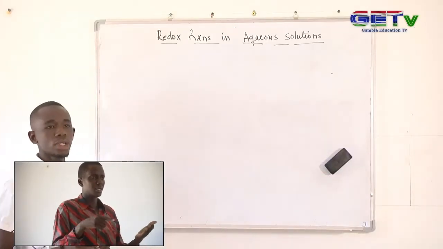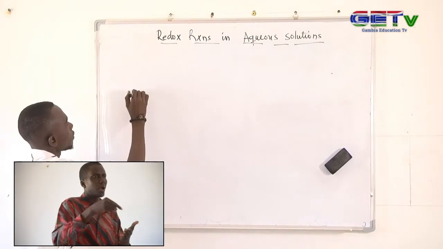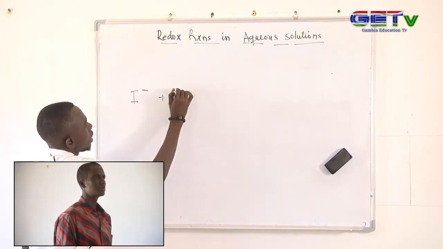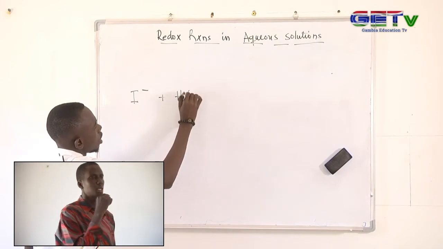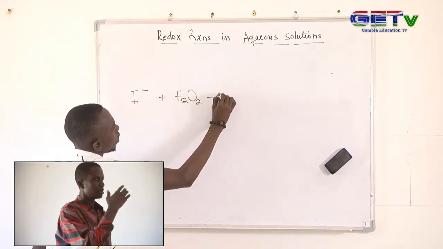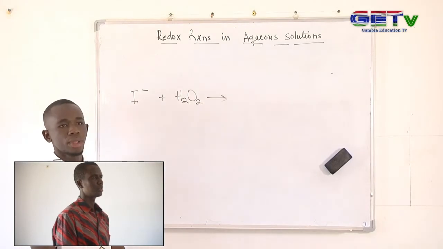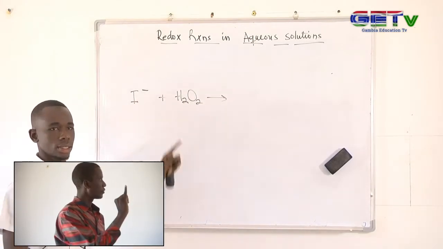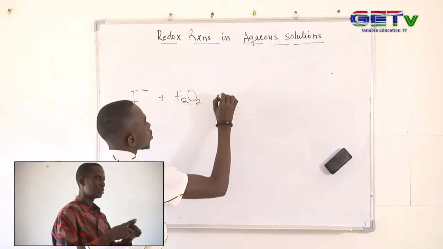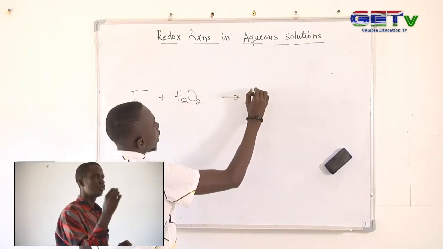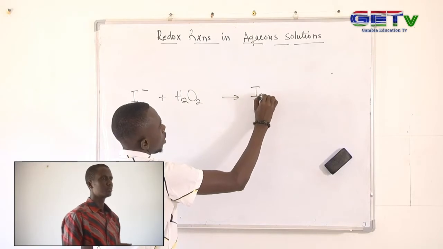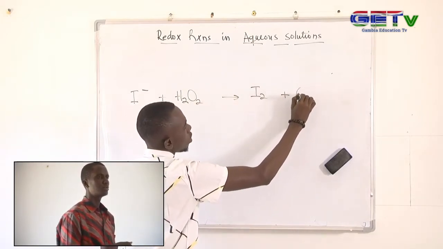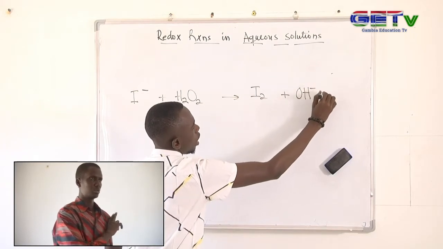Our reaction is iodide ion reacting with hydrogen peroxide, and these two species, when they react, give us an iodine molecule and hydroxyl ions.